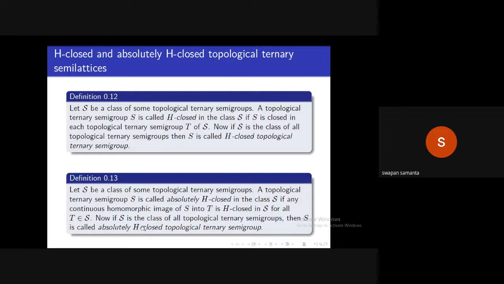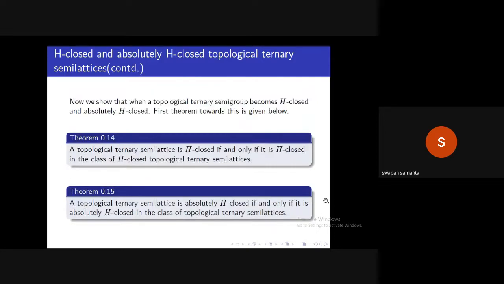In the same way, we can define an absolutely H-closed topological ternary semigroup. It is nothing but, if we replace this H-closed by the image of S under some mapping, then we call it an absolutely H-closed topological ternary semigroup.